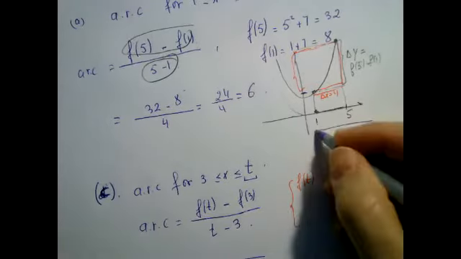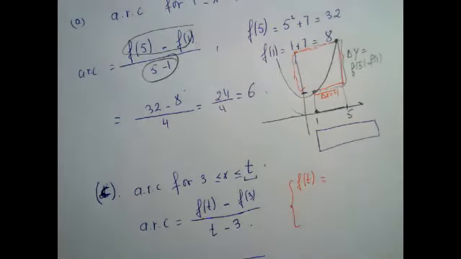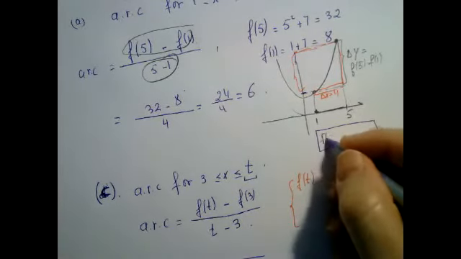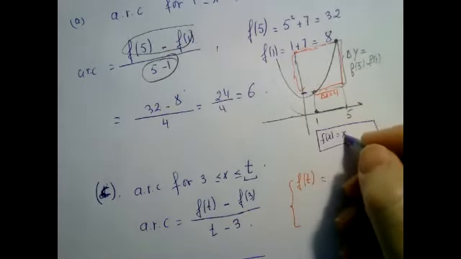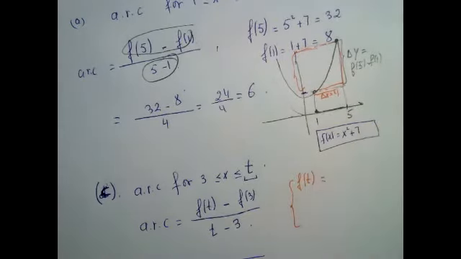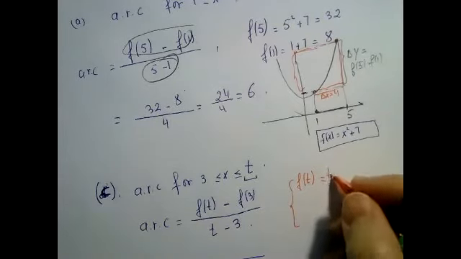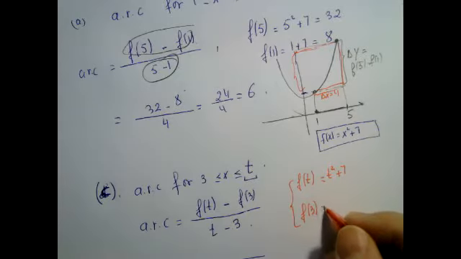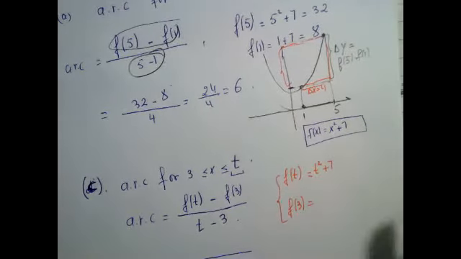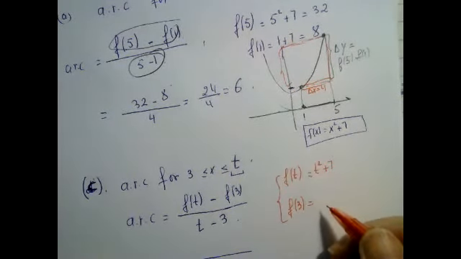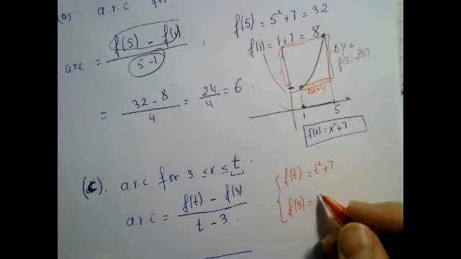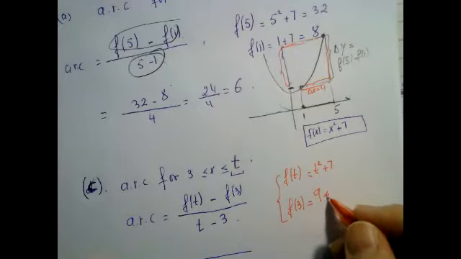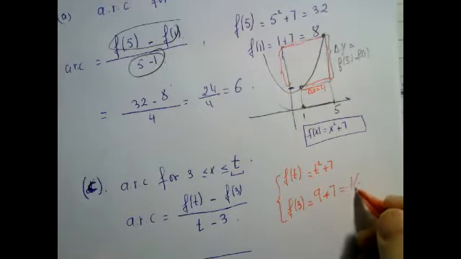Well, the way you set it up, you should do the homework. Keep going. The way you set it up is t squared plus 7. T squared plus 7. Mm-hmm. What's f of 3? 9 plus 7, which is 16.